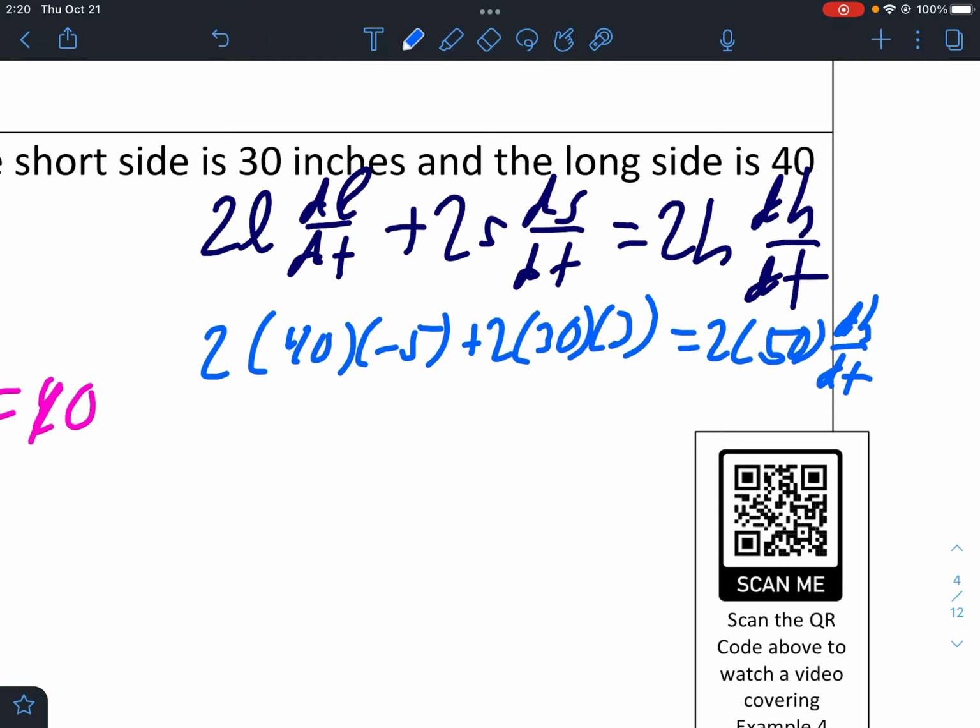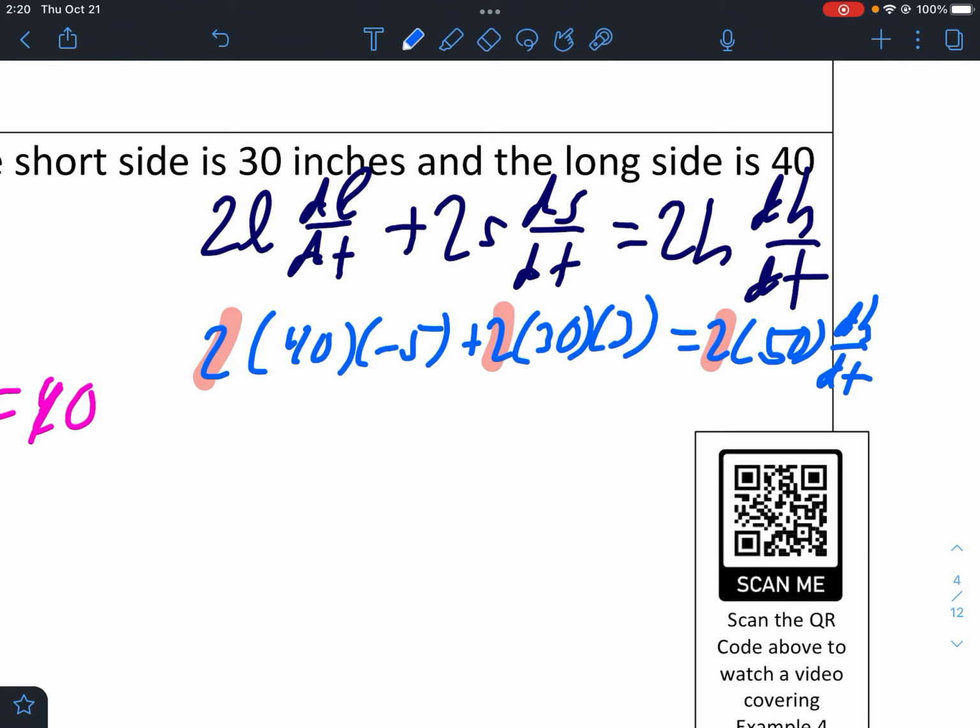Okay? So that would give us -400 plus 180 equals 100 dH/dt. Or you can simplify this right now by getting rid of all the 2's.